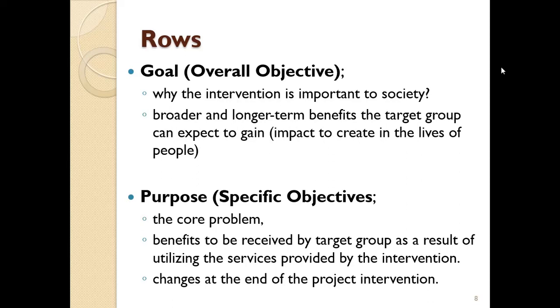So when you implement your project, for instance, on women empowerment, or a poultry farming project, or a citrus farming project, at the end of the day, what do you want to create among the target population or within the community where you are implementing that particular development project? That's the goal, and that's what is stated under goal.